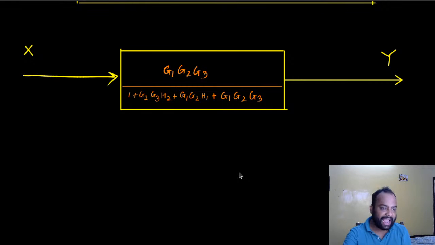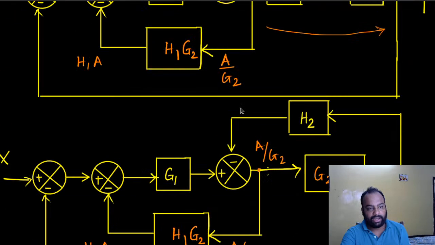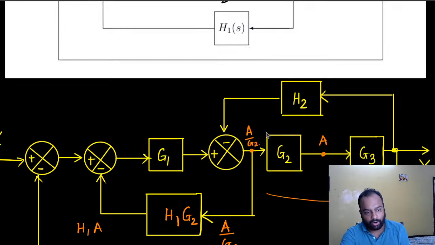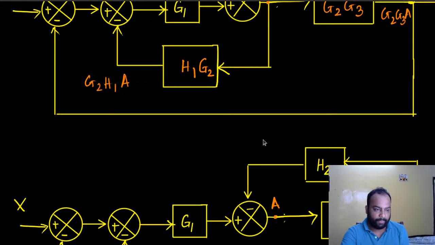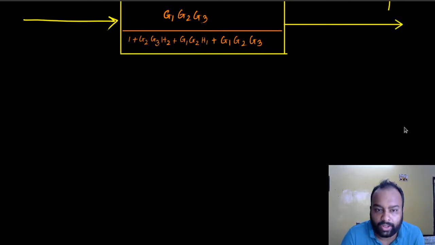Everything else was derivable simply by looking at how the signals are changing, how we made sure that the signals did not change, right? Based on that, we derived everything. And on second thought, I think we shall continue this discussion in the next class, and we shall solve a few more systems so that you have a better understanding of the block diagram reduction technique.